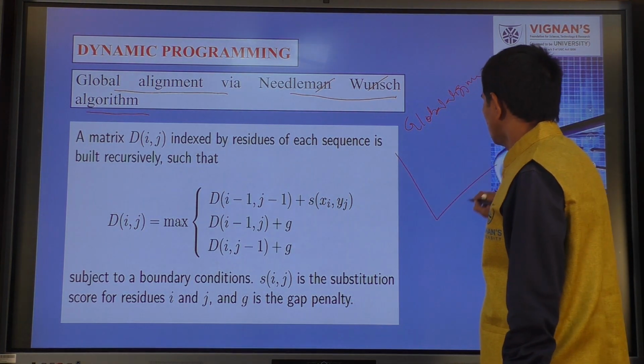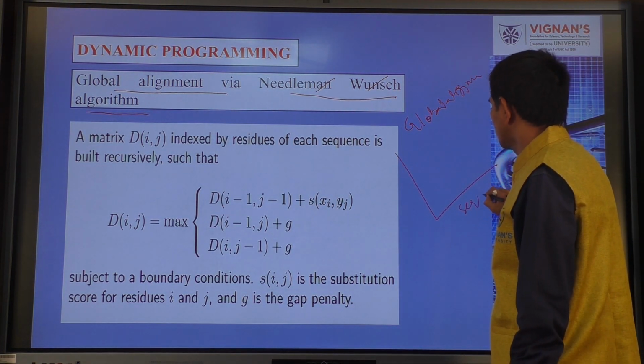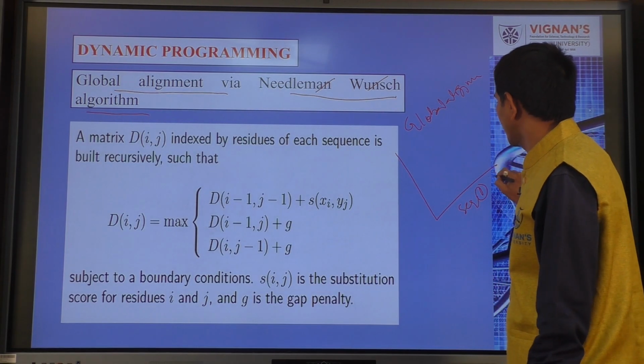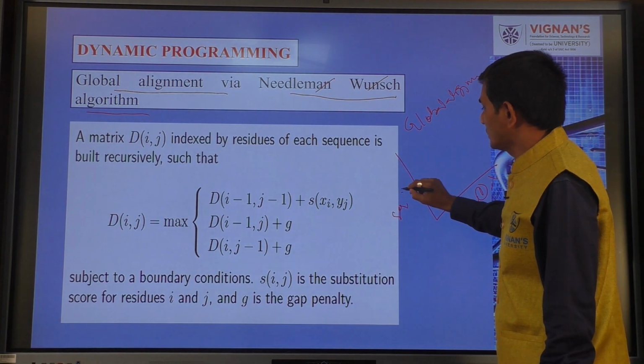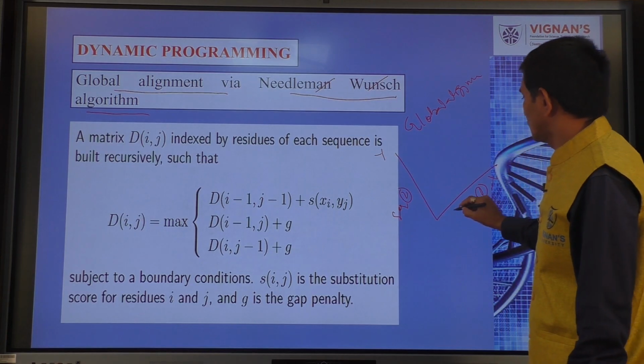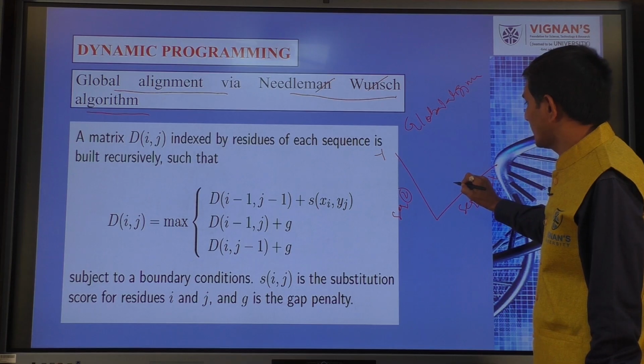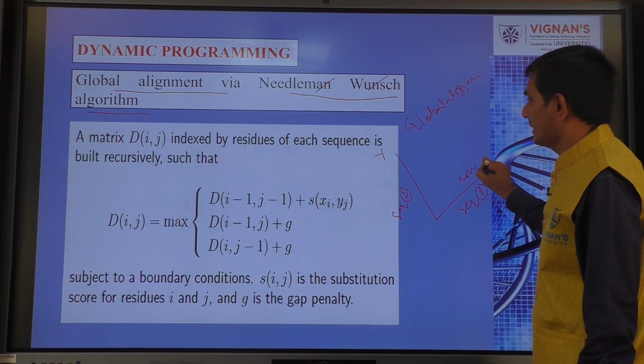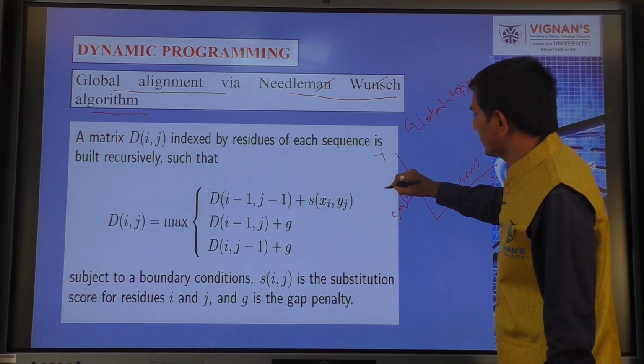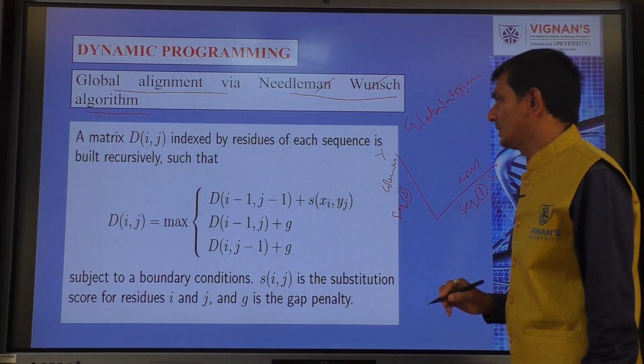Let us take two sequences, and name them sequence 1 along the x axis and sequence 2 along the y axis. The sequence plotted along the x axis we call rows, and the sequence plotted along the y axis we call columns.